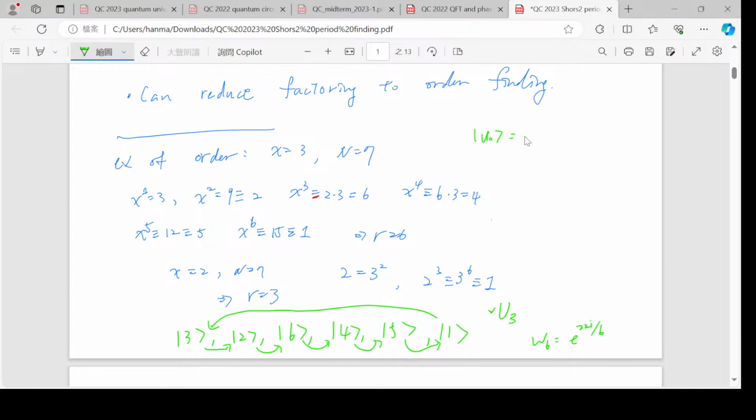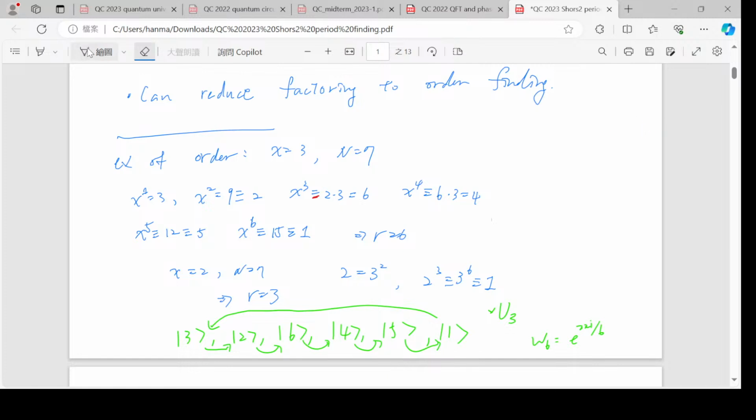So U0 will be, still omitting normalization, 3 plus 2 plus 6 plus 4 plus 5 plus 1.